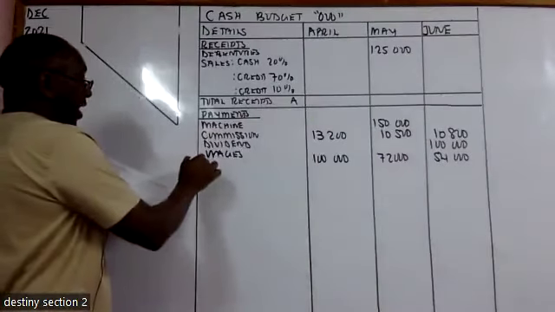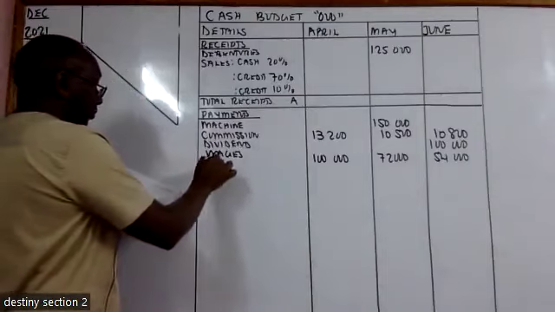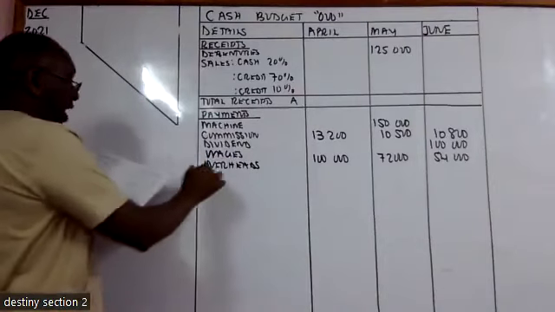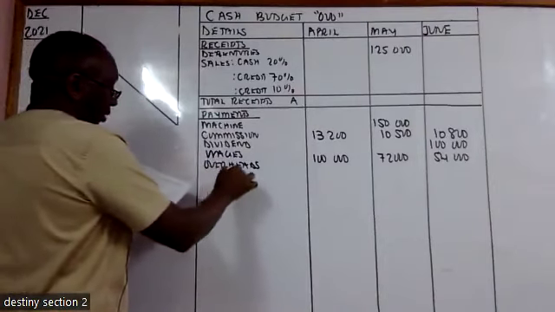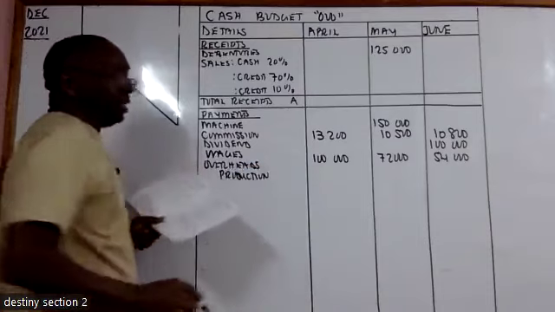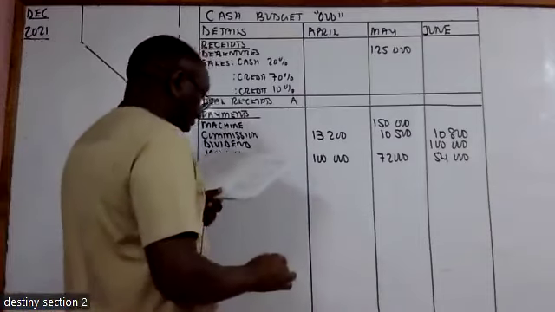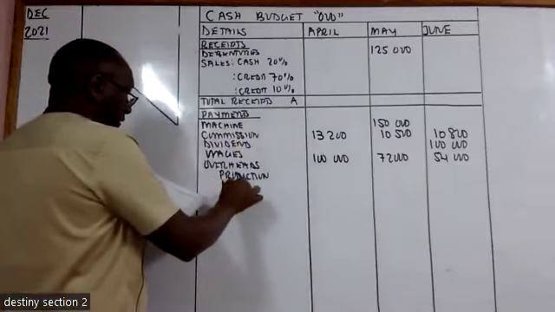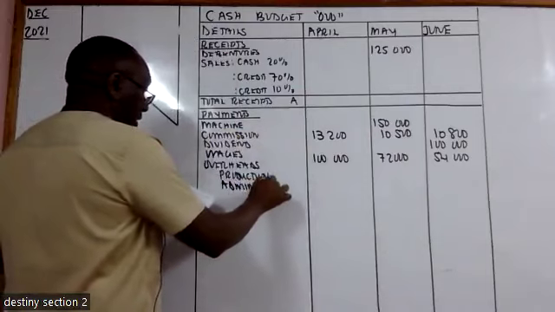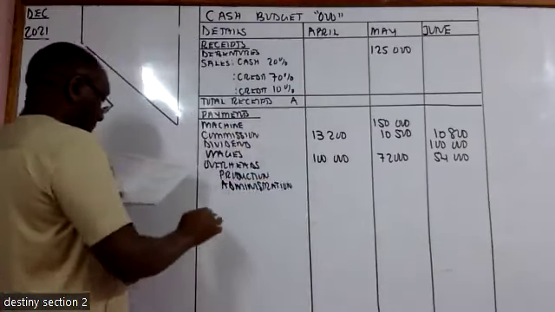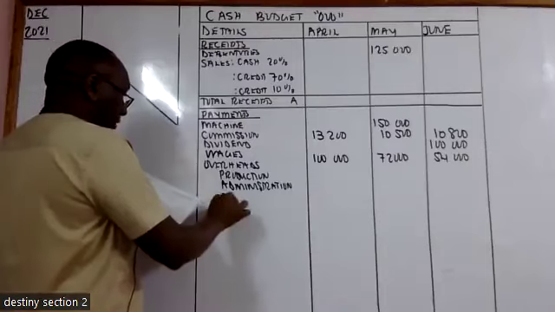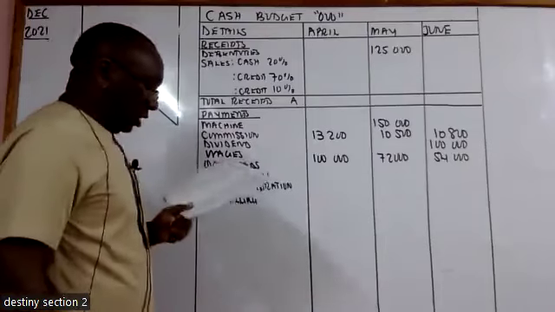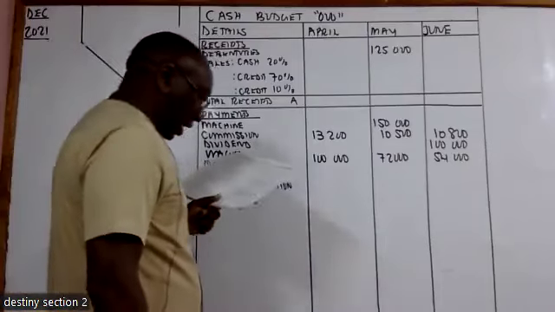Then we have overheads. Now the overheads, we have production, which is also experiencing 1 month delay. There is administration, they all go the same way, and we have the ones of selling. So in March we have a delay of 1 month.